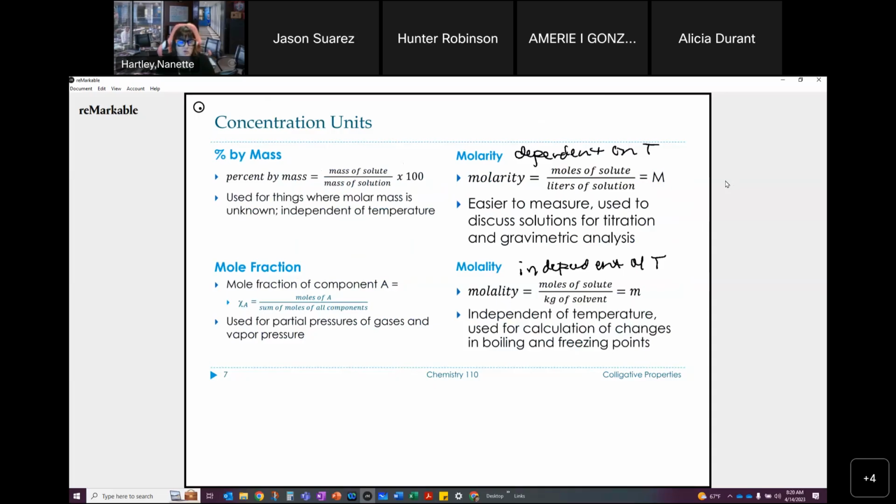You may be given a molarity and then they want you to calculate a vapor pressure change, which requires you to go from molarity to mole fraction. So it is necessary to be able to convert between them, but it's not something that we typically see as a, hey, convert these to new units kind of question. But that is how we're going to look at it for the moment. Questions so far?